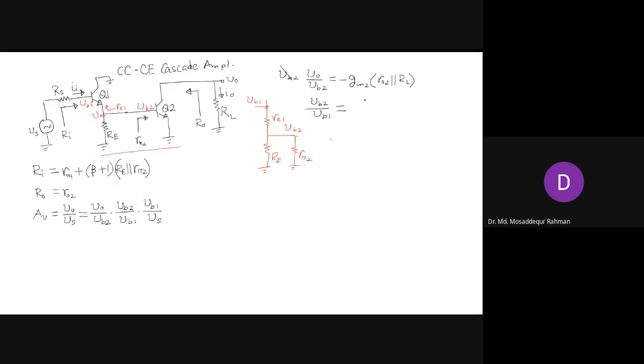We write this as RE in parallel R pi 2, divided by RE in parallel R pi 2 plus RE1. So that will be the gain expression for the common collector stage.